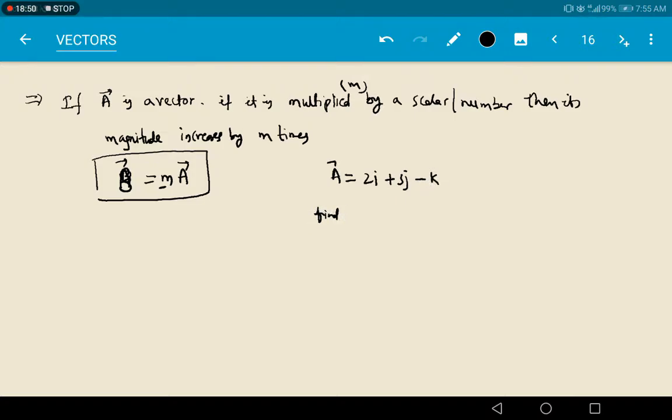If it is multiplied by a scalar 3, then find its vector. Therefore b bar is equal to m into a bar. So multiply each component with 3. So 6i plus 9j minus 3k, or 3 times 2i plus 3j minus k.